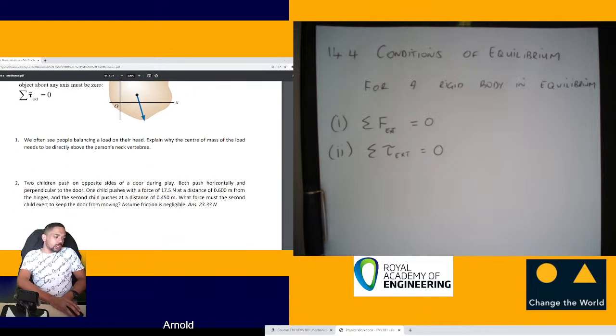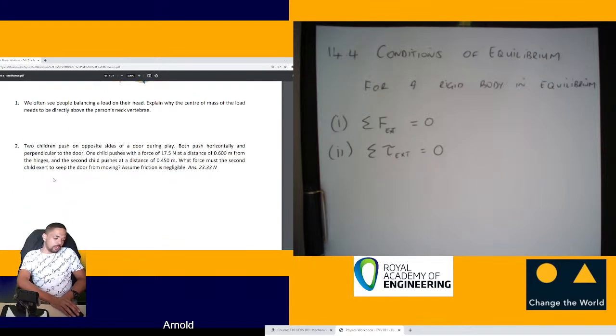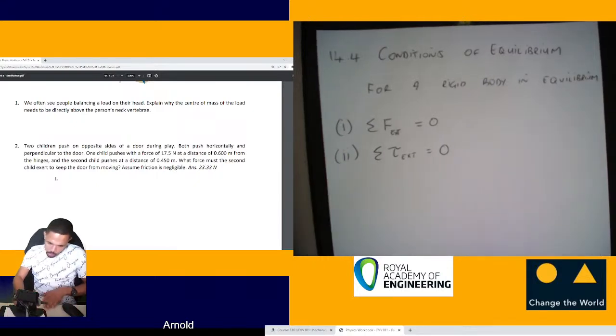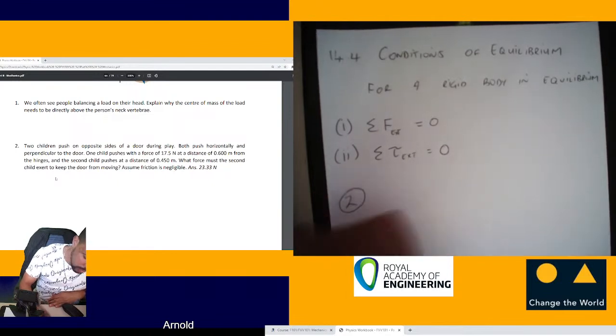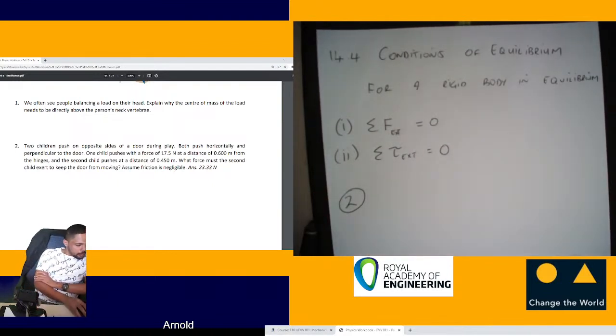Okay, two children, this is what I want to get to. The other one you can reason out for yourself. Two children, this is number two. Two children push on opposite sides of a door during play.